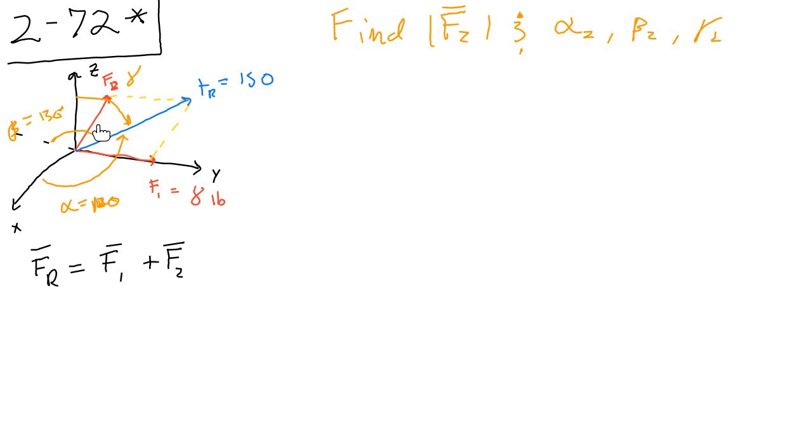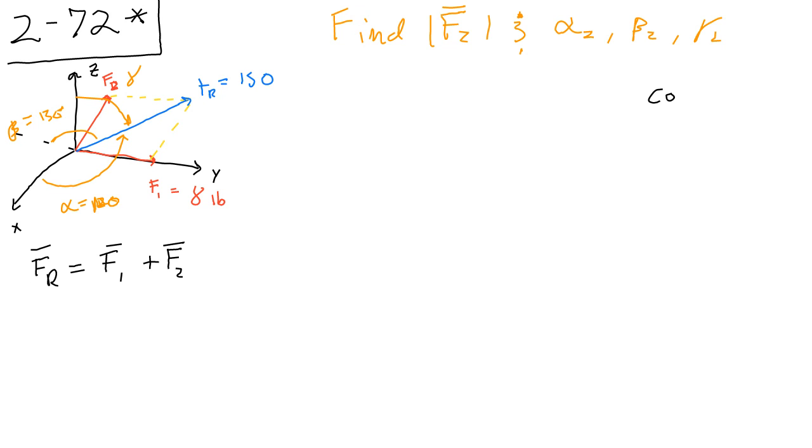Since we have the directional angles of the resultant vector, we can write its x, y, and z components in terms of the directional angles, by using this over here.